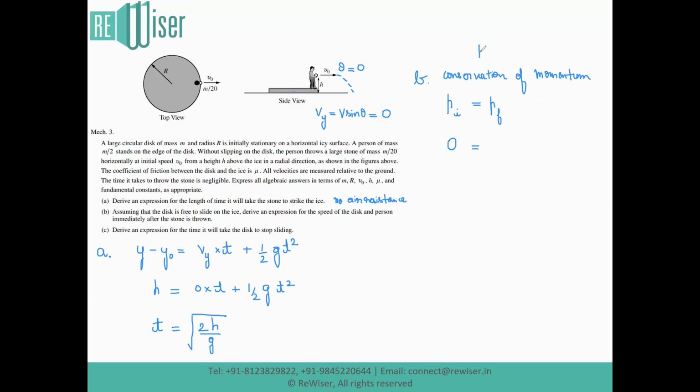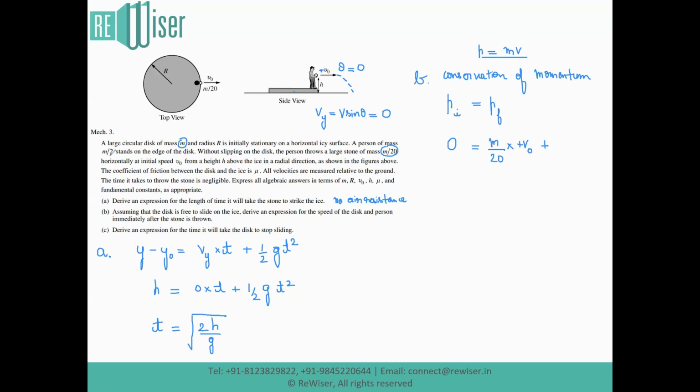Since momentum P is nothing but mass times velocity, momentum of the stone can be considered as mass of the stone, which is m/20, times its velocity. Its velocity is towards the right, which is assumed as positive, so plus v naught. The stone is one separate entity, while the disk and the person are considered as two combined entities.